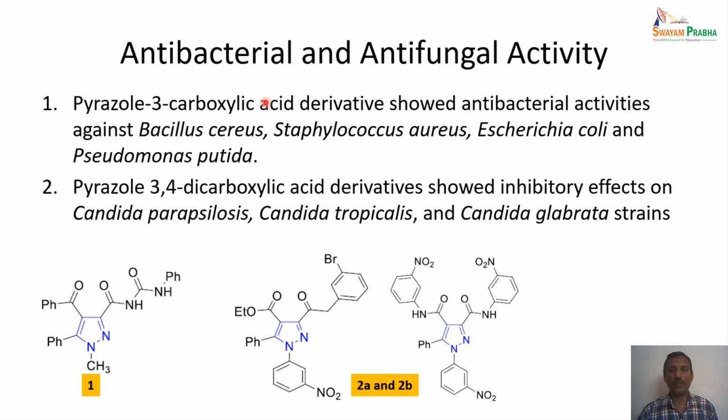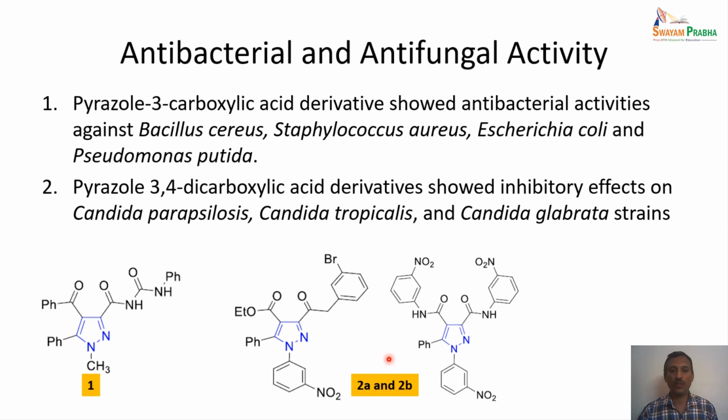So in the case of antibacterial and antifungal activity, compound 1 as shown here, which is a pyrazole 3-carboxylic acid derivative, shows antibacterial activity against Bacillus, Staphylococcus, E. coli and Pseudomonas species.